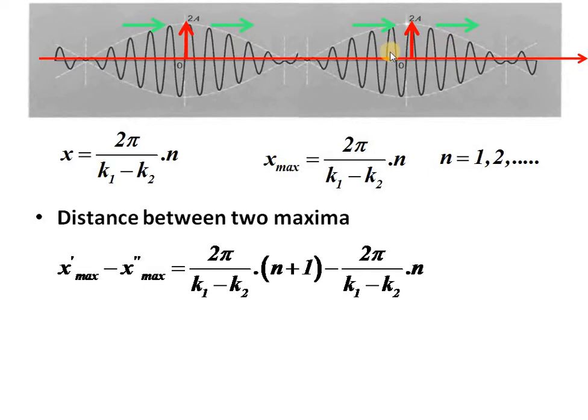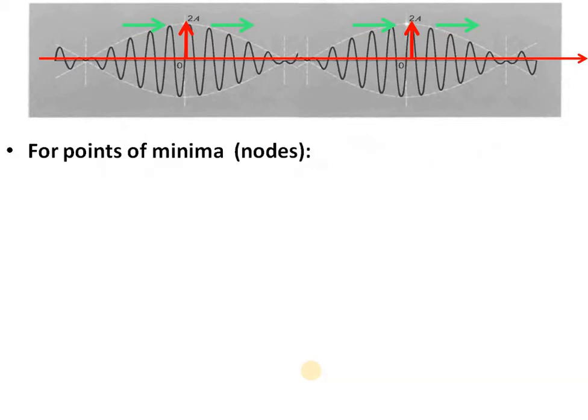That will be simply 2 pi by (k1 minus k2). This is the distance between two adjacent antinodes.